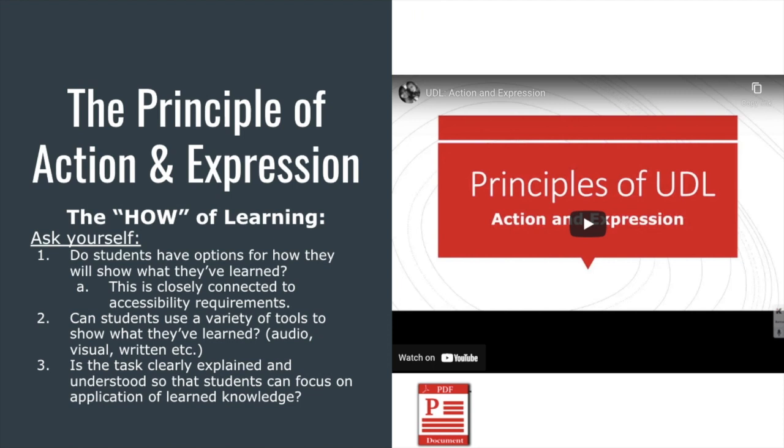Not only should you ask yourself if they have the option to use a variety of tools, but you should also consider whether the students know how to use those tools. And then the last question you can ask yourself is whether the task is clearly explained and understood so that students can focus on applying their learned knowledge and not necessarily trying to understand what the task is.